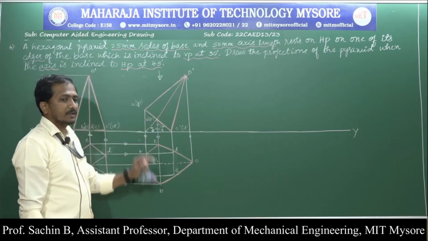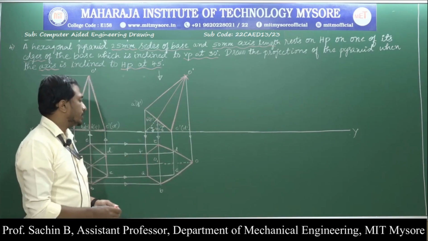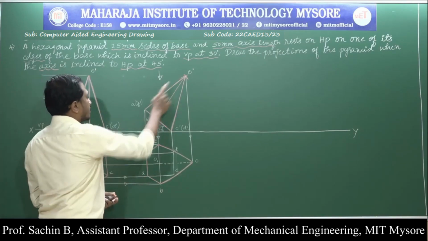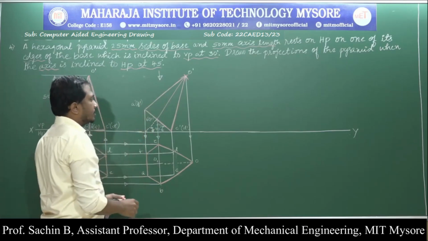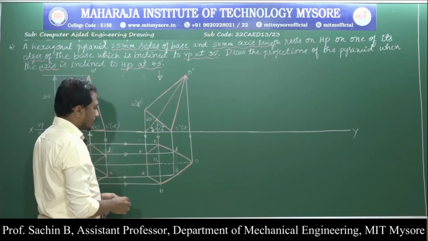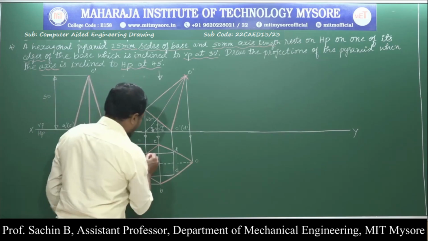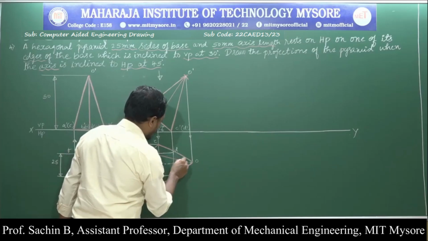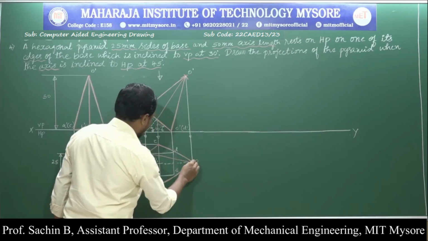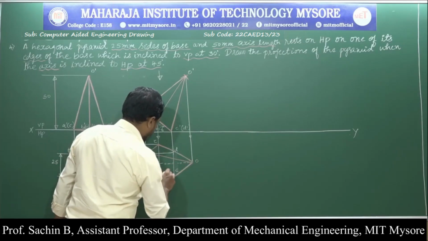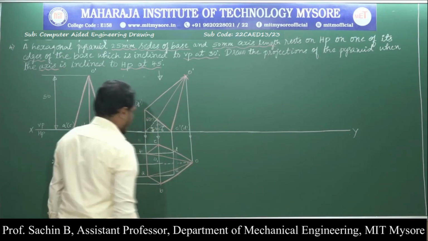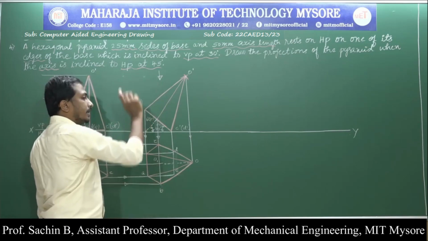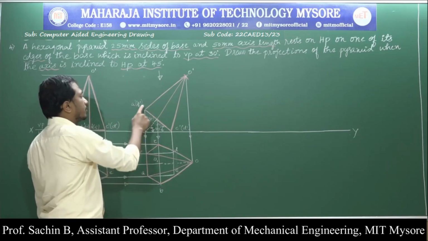Next, the faces and edges near to the observer are clearly visible. According to it, A dash to O dash, A dash to F dash is clearly visible for us. Based on that, I am connecting here from O to F, A to O. Outermost faces and edges near to the observer are clearly visible for us.